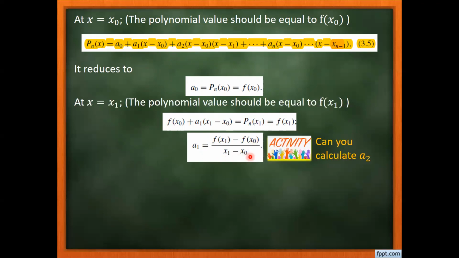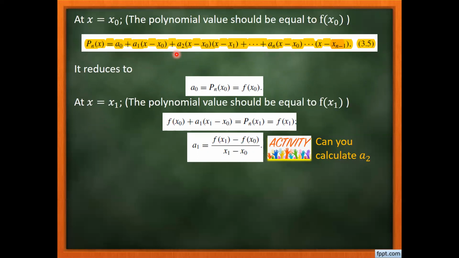A small activity for you. Can you calculate the value of A2? Do you have any idea how you can do that? I'm sure you are able to get my point, because you see that we have a0 to an, n plus 1 unknown coefficients, and we have n plus 1 nodes where we know the function value.